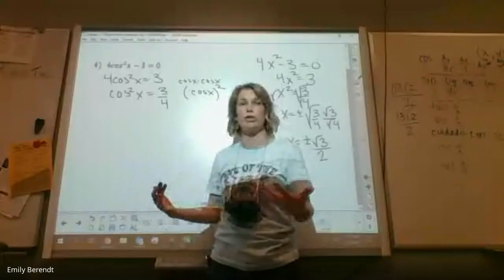Remember, cosine squared of x is cosine of x times cosine of x. So when you square root cosine squared, what are you left with? Just cosine.